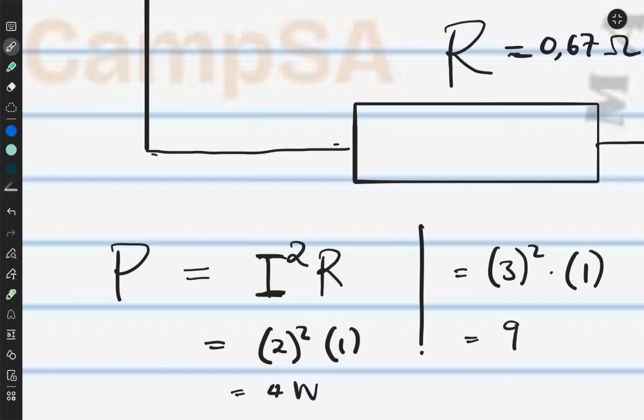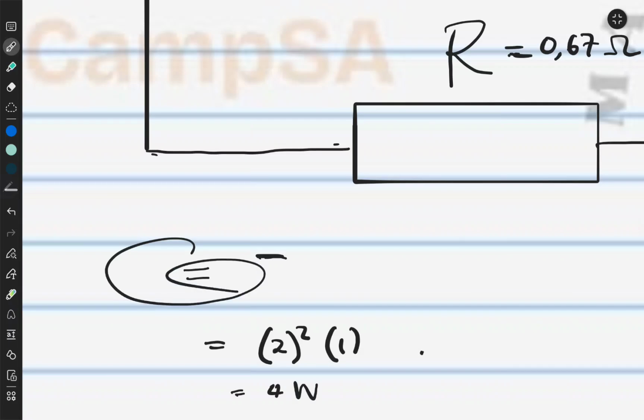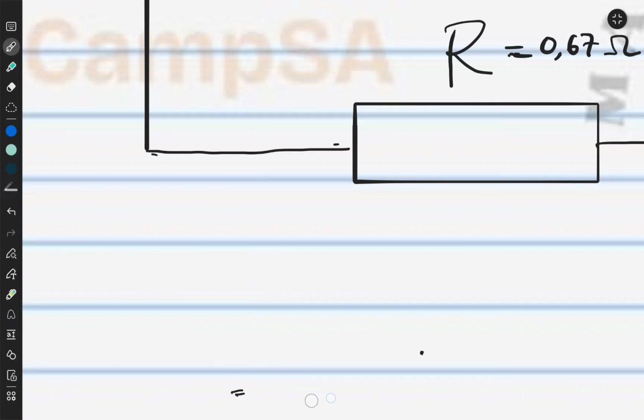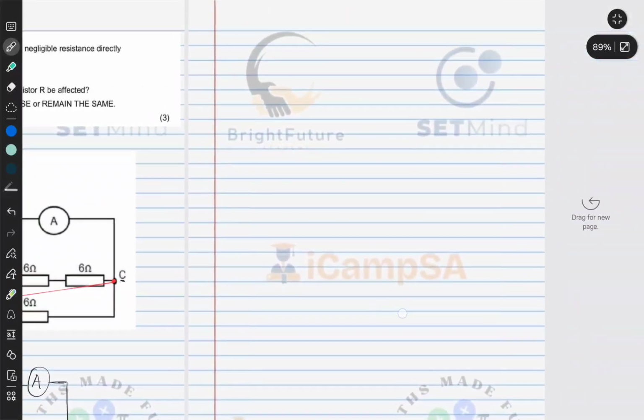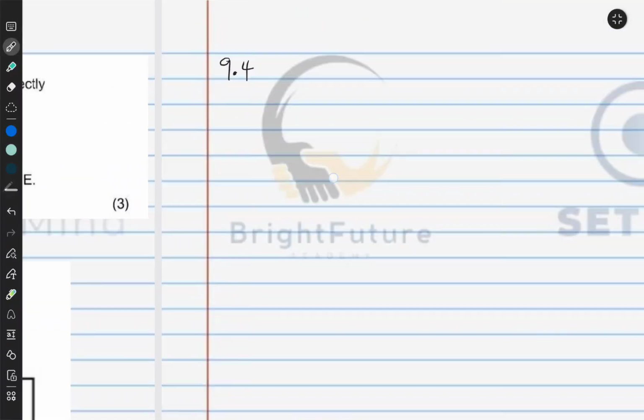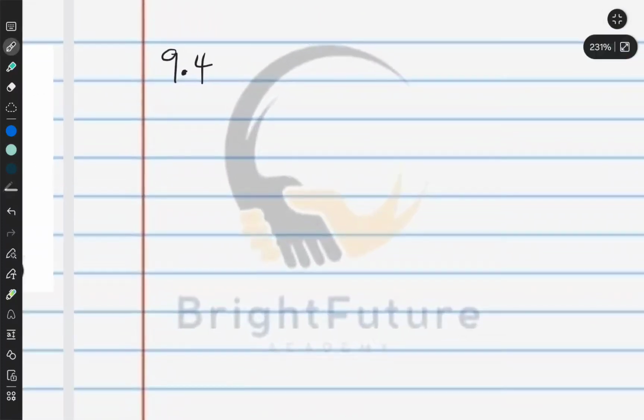Oh, I forgot the units, 9 watts. Right, so you see, increasing the current will make sure that the power also increases. So our answer there is: increases.